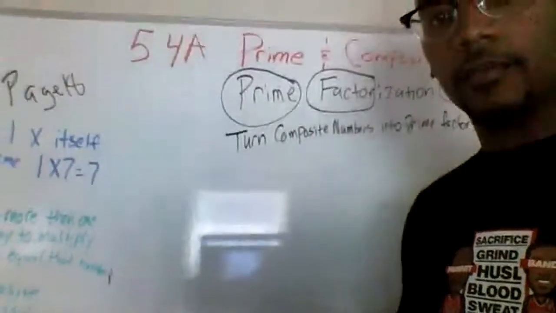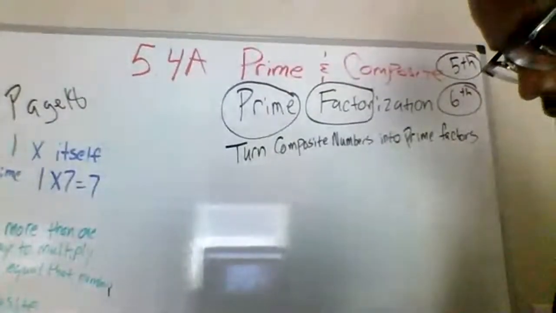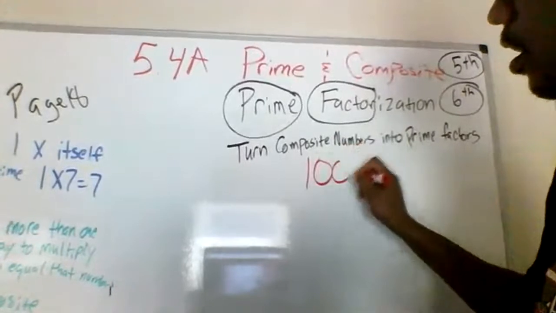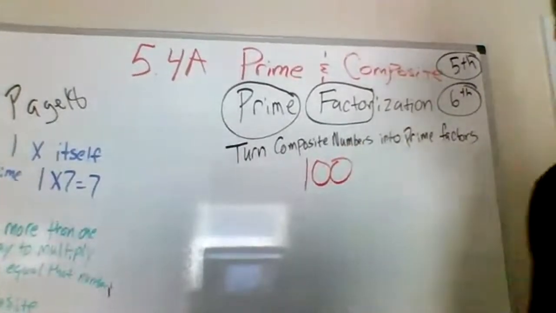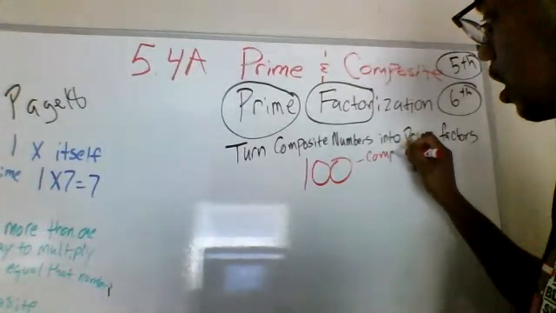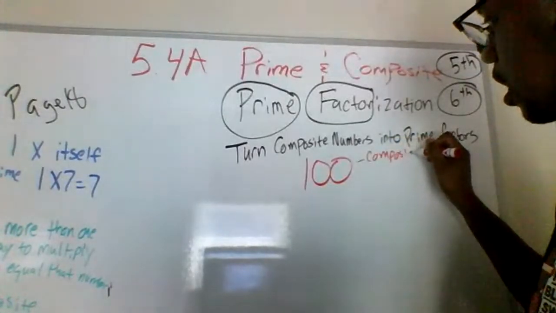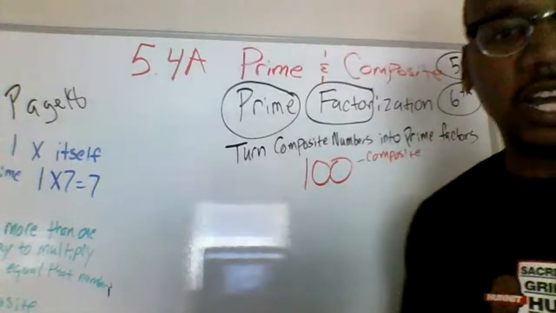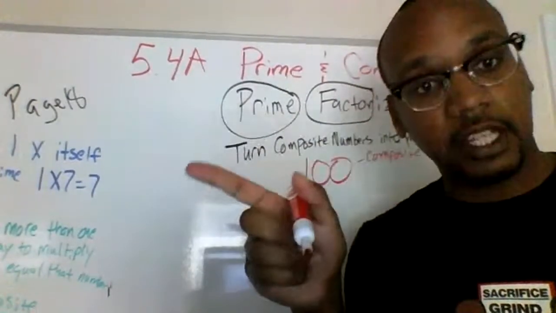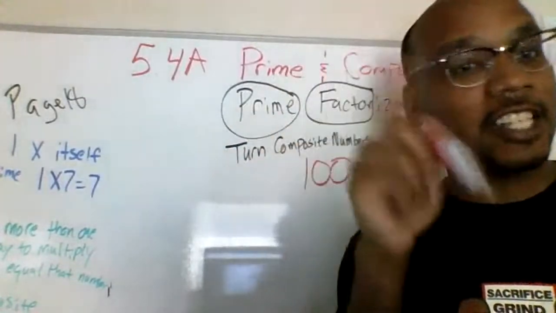All right. So I'm going to start off with something easy. I want to take the number 100. All right. Now 100 is composite. How do I know 100 is composite? Because you have 1 times 100, you have 2 times 50, 4 times 25, 10 times 10.